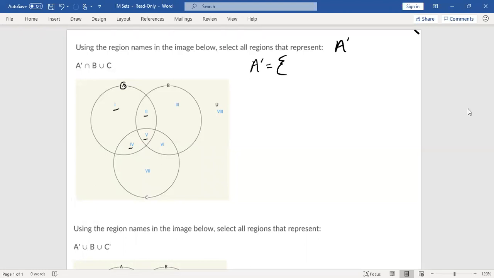So that would be 3, 6, 7, and 8. So that would be all of these that weren't in A.